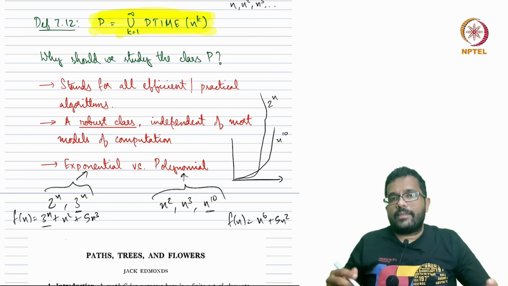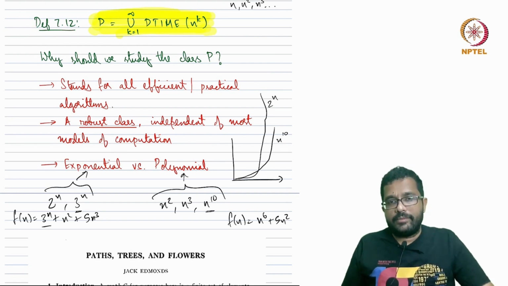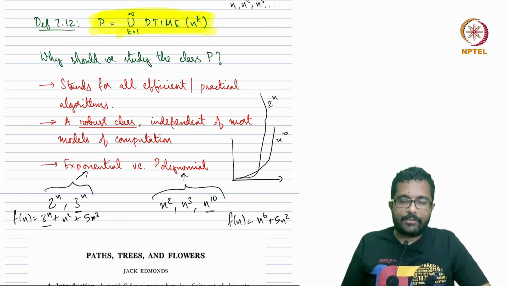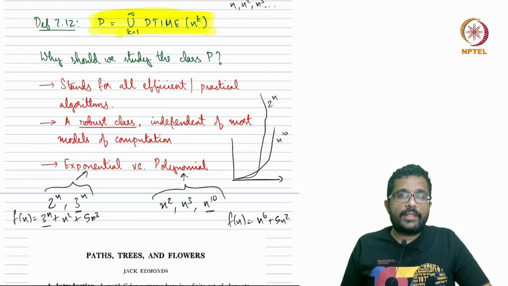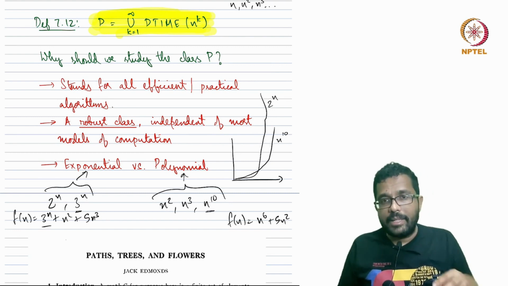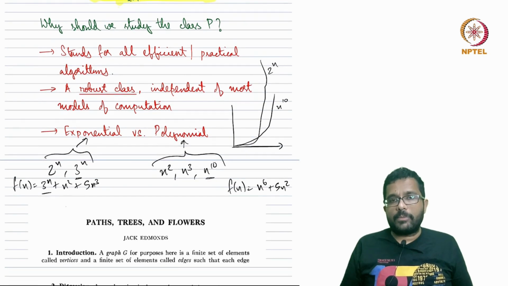So whenever we have something that is polynomially growing, that is more preferred in terms of running time of an algorithm. And P indicates the class of all languages that have efficient algorithms. By efficient, I really mean polynomial algorithms, right? The running time of that is polynomial.